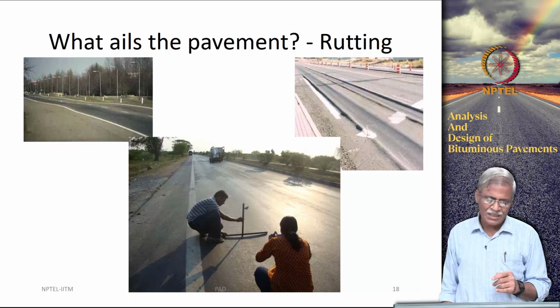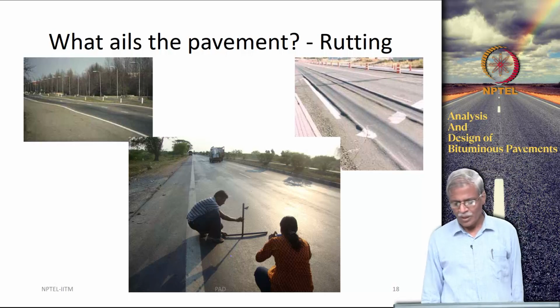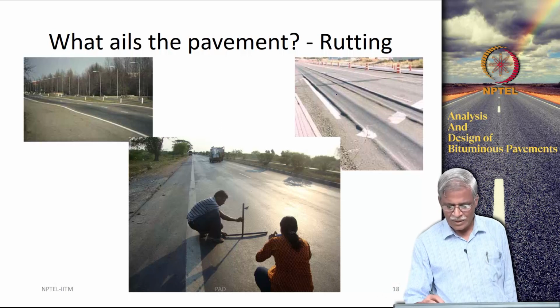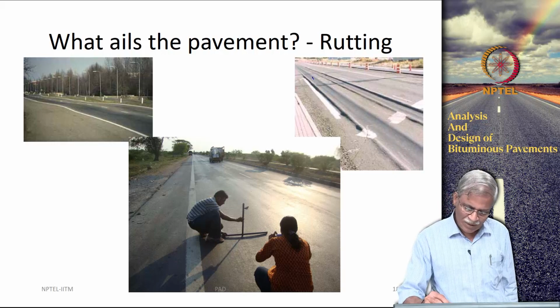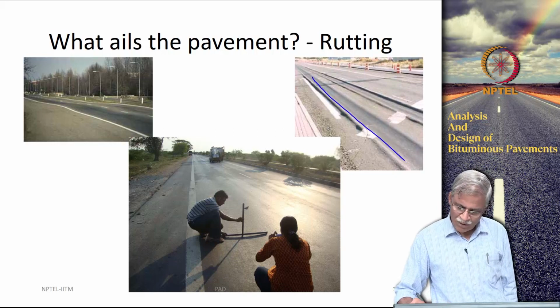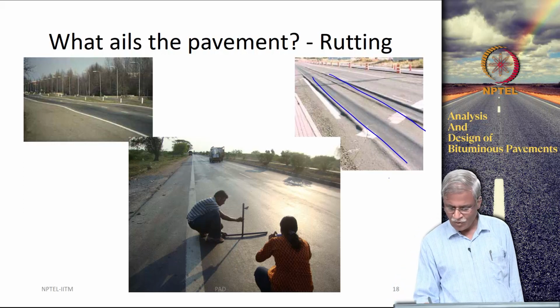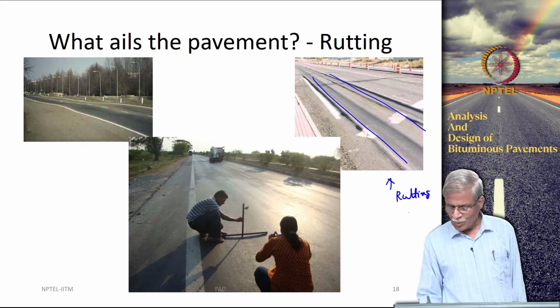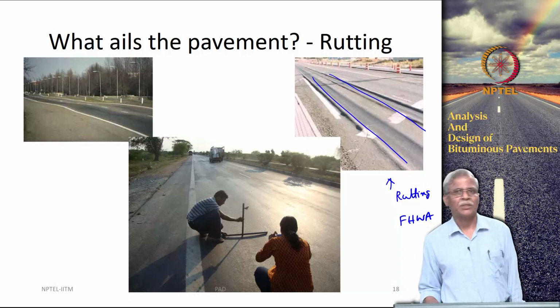Now, the next thing that we want to talk about is what is called rutting, and you can see again all these things happen in the wheel path. This is an extreme case of rutting. You can see such pictures if you go to the Federal Highway Administration site.